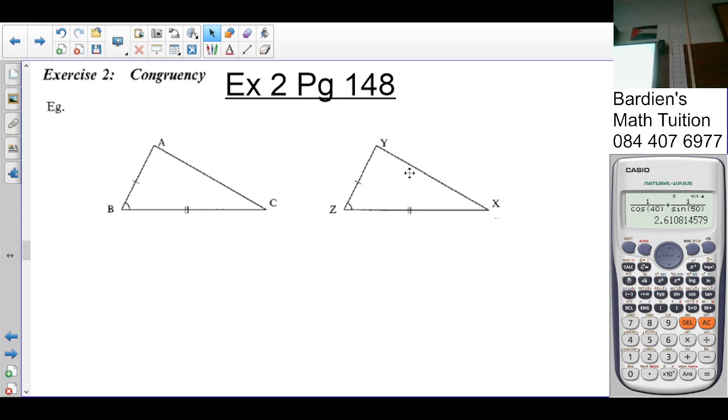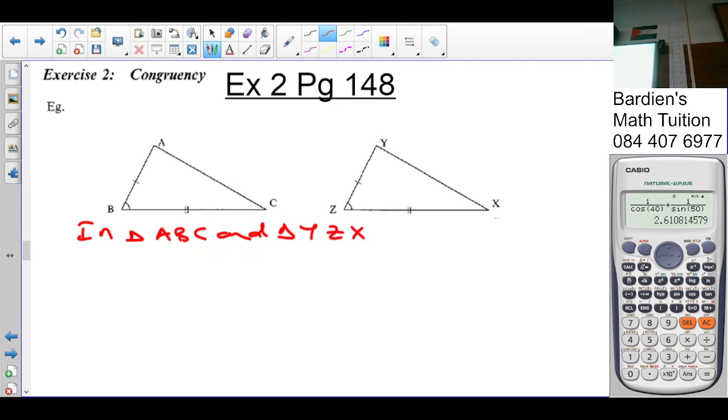Thank you. So, what we need to do is prove that the two triangles are congruent. So we make up the order. We say in triangle ABC and triangle YZX, what can we say?